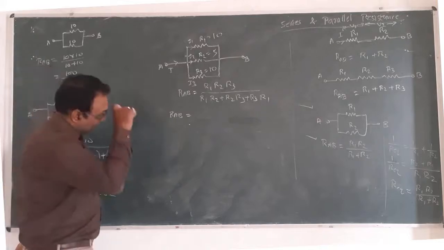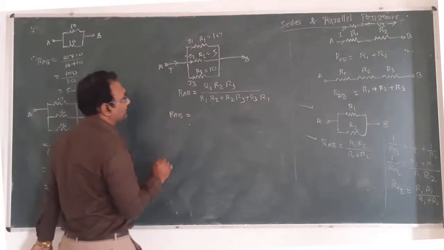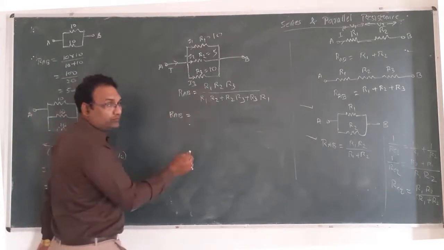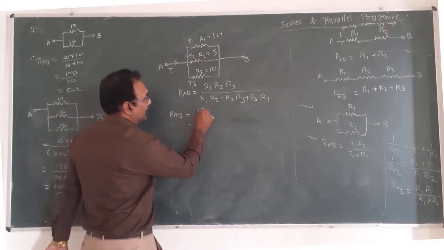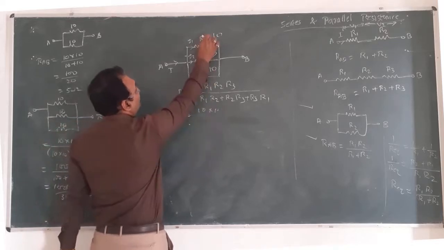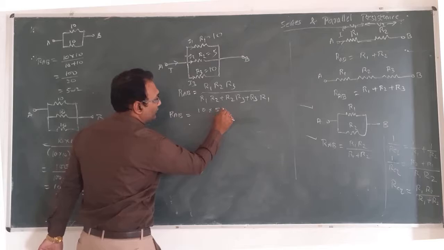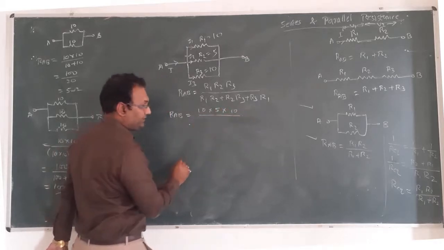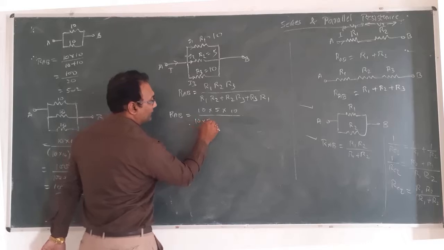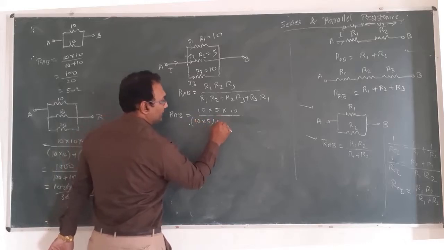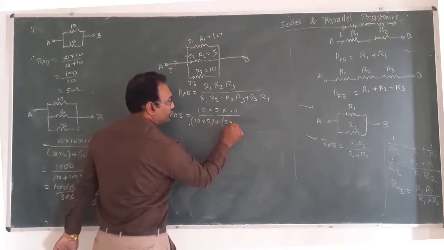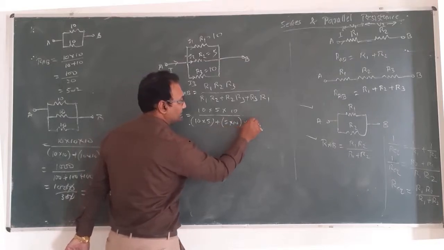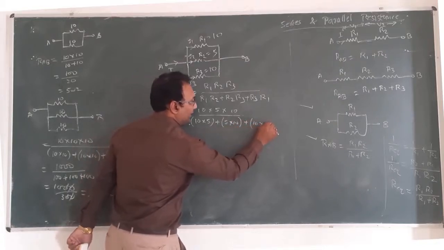Now we have to do R1 into R2 into R3 divided by R1 R2 plus R2 R3 plus R3 R1.